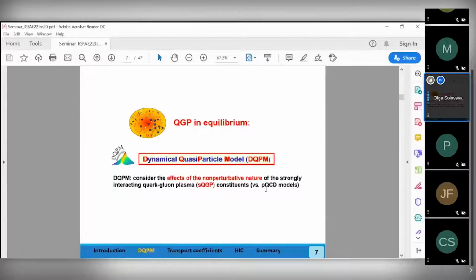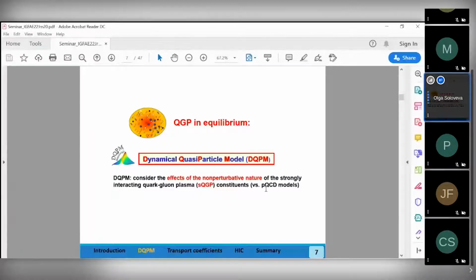What we actually are doing is extracting the coupling constant or thermal masses using the lattice QCD equation of state. And when we have the thermal masses, we will have the spectral function, which will give us our equation of state and all other characteristics.